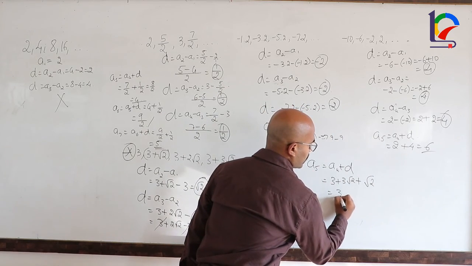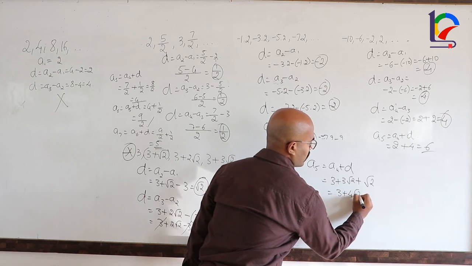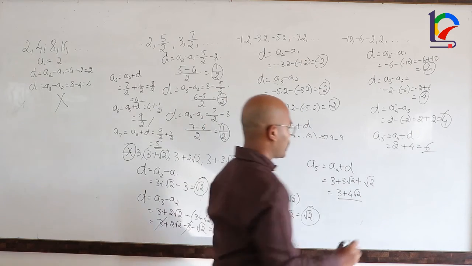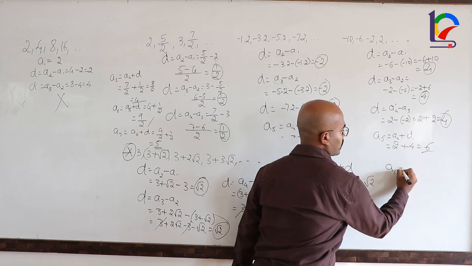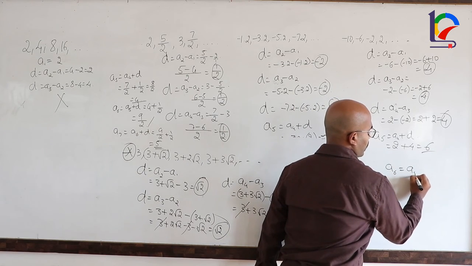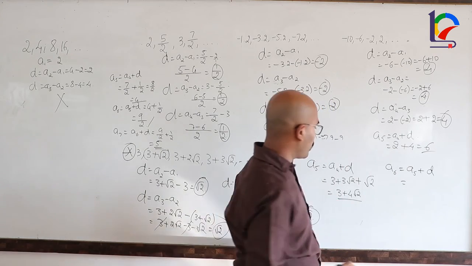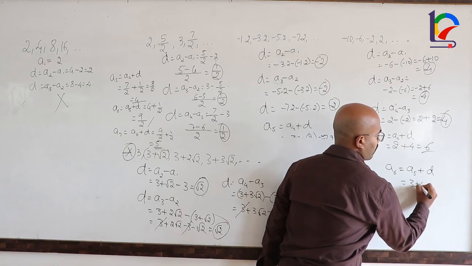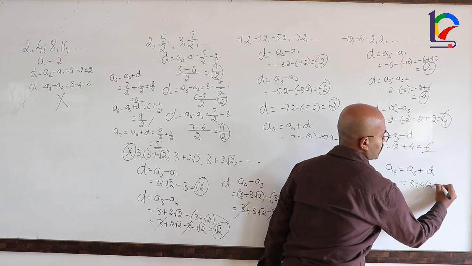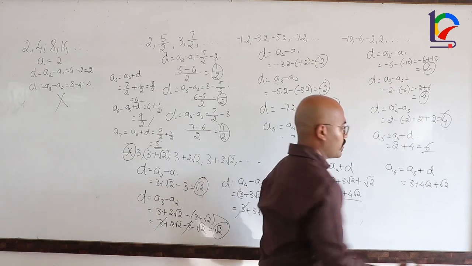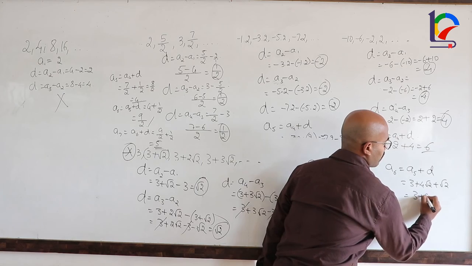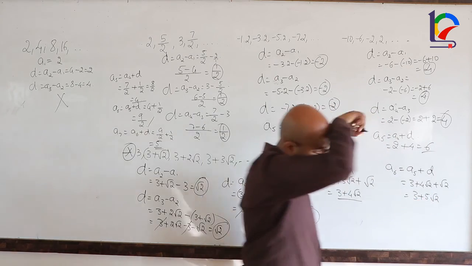So it is 3 plus 4 root 2. Next, A6, A5 plus D. What is A5? 3 plus 4 root 2. What is D? Root 2. Hence it is 3 plus 5 root 2.